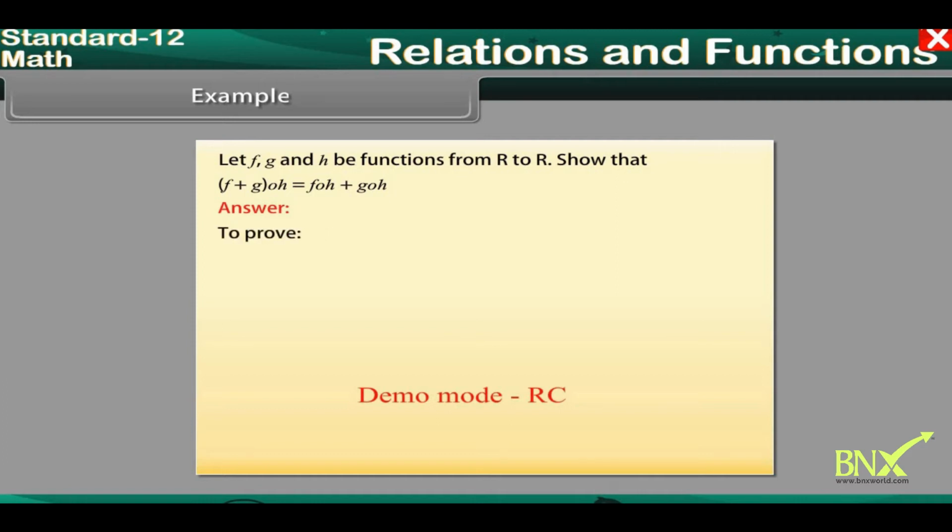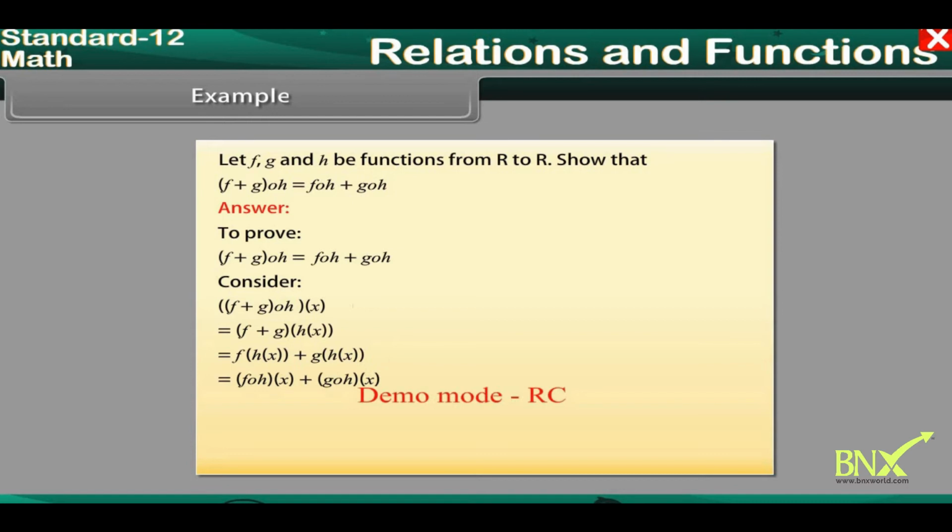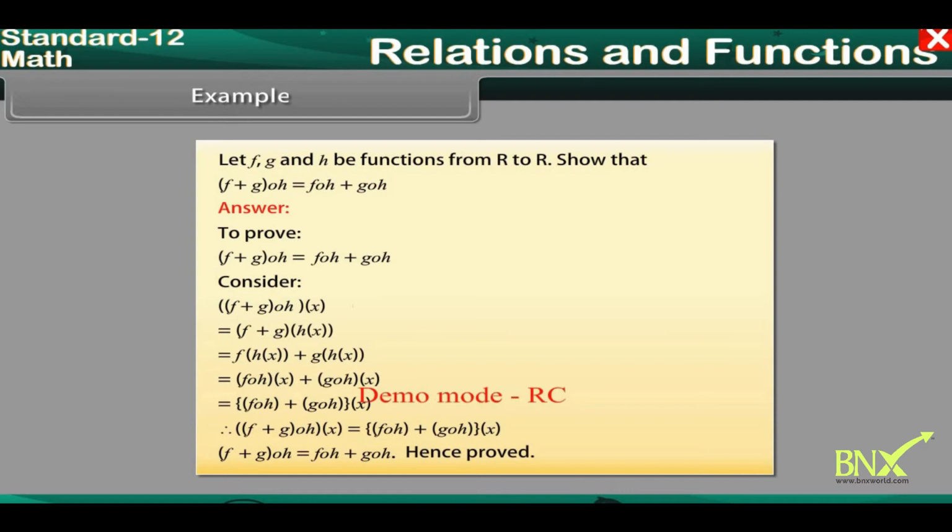To prove (f + g)∘h = f∘h + g∘h, consider ((f + g)∘h)(x), which is equal to (f + g)(h(x)). On solving we get (f + g)∘h = f∘h + g∘h. Hence proved.